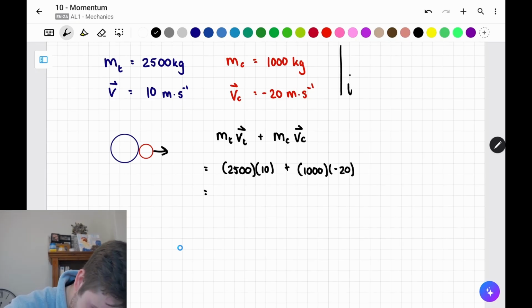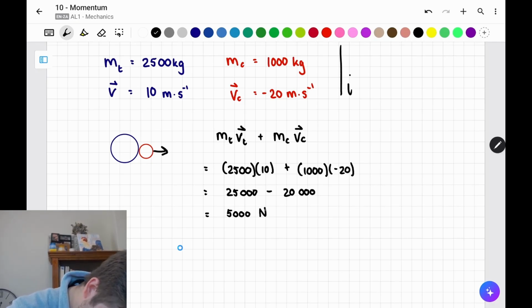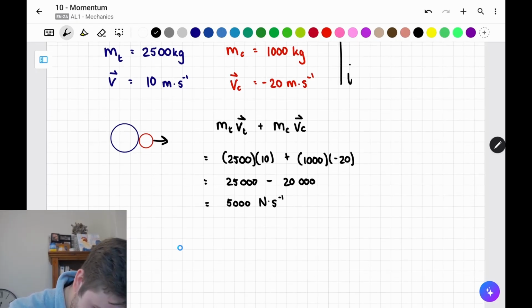Okay, this becomes 25,000 subtract 20,000, and we are left with a net momentum of 5,000 Newton seconds, or kilogram meters per second.